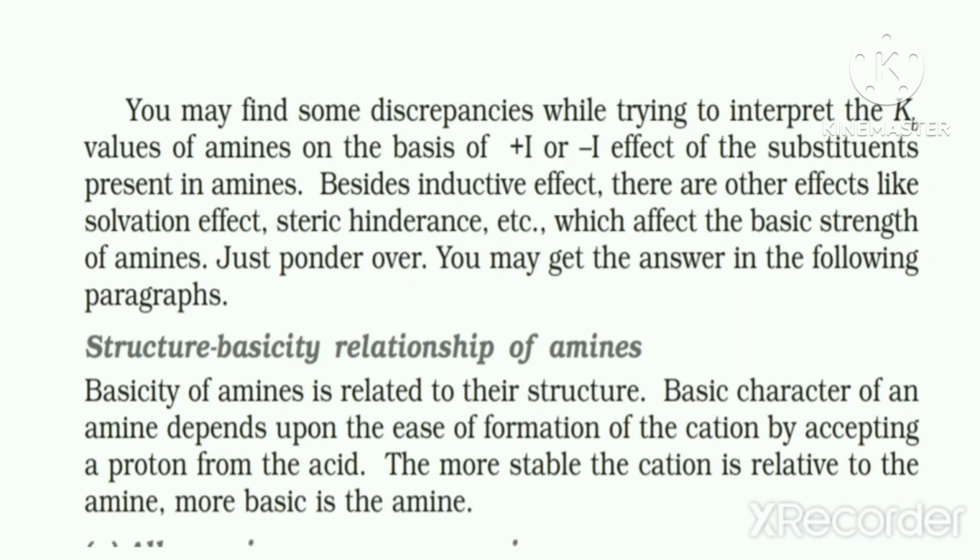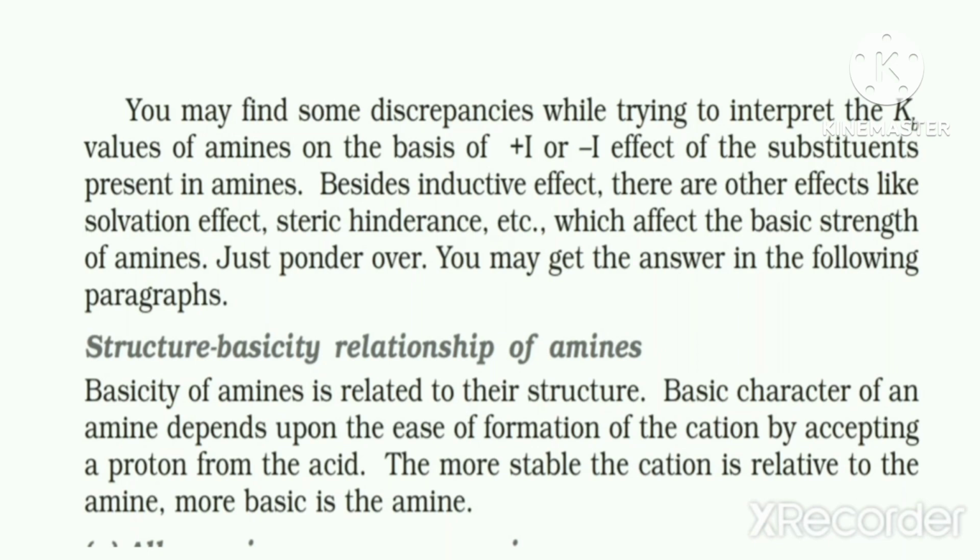Now, the structure and basicity relationship of amines. Basicity of an amine is related to its structure.